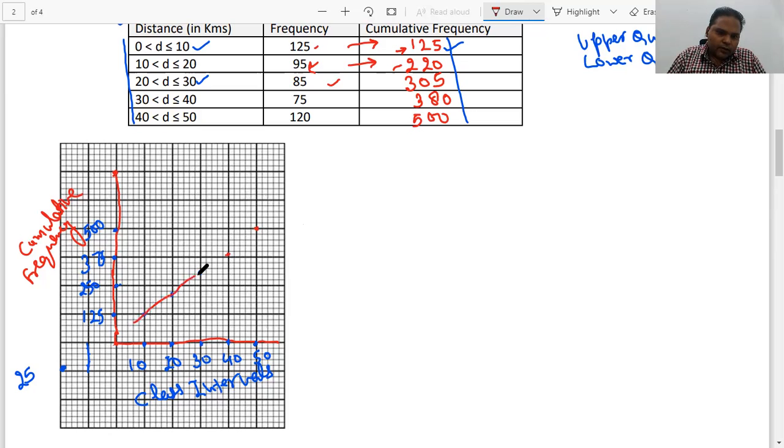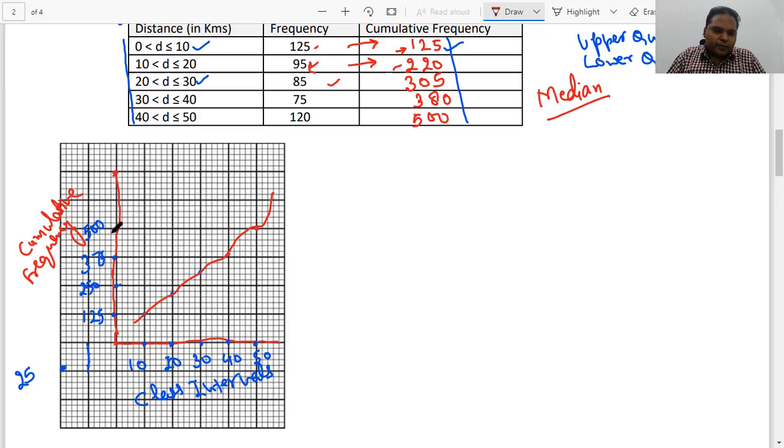Now we will connect these points, and this is the cumulative frequency line which we have got. Now, what we need to find out is the median. Okay. So median is very simple.